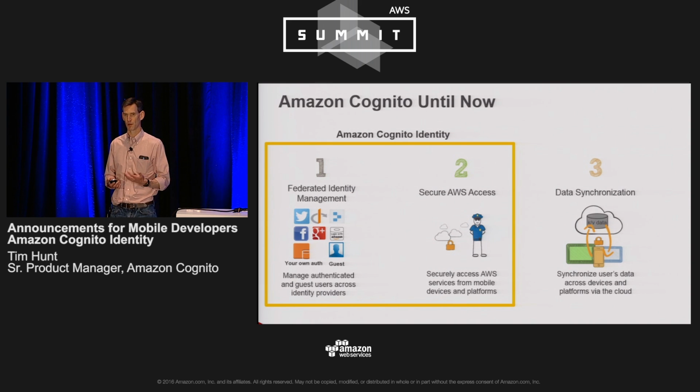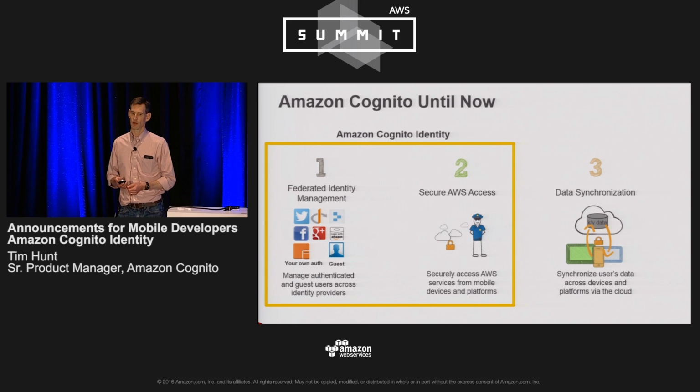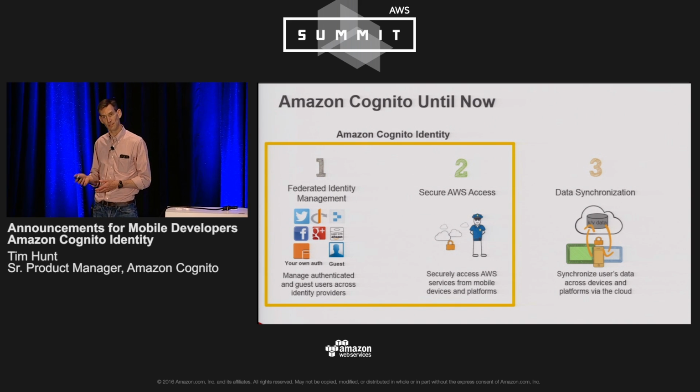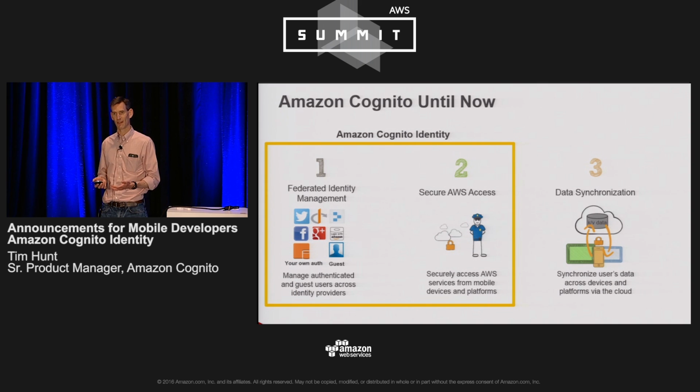So your users from your mobile or web app can sign in and authenticate with Twitter or Google or your own authentication service or OpenID Connect. There's a lot of options there that we support for your users to authenticate. And then when they authenticate, Cognito gives you secure access to AWS resources by giving you credentials that you can use from your app. I'm going to go into some more detail about that in a few minutes.